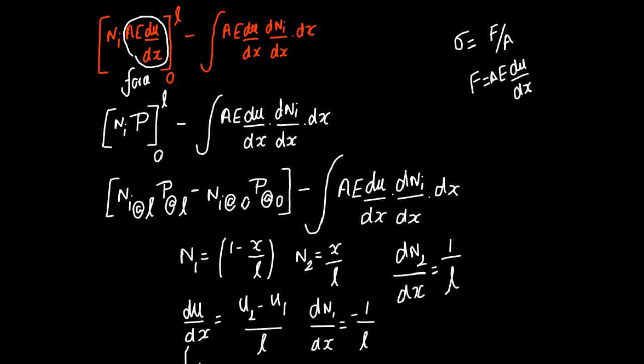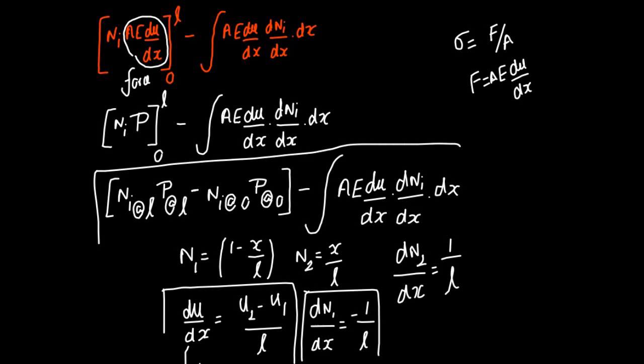Now, all I'm going to do is take these values of du over dx and dN over dx, and the value of N1 at x equal to L, and put them back in this equation. So let me see what I'm going to get.